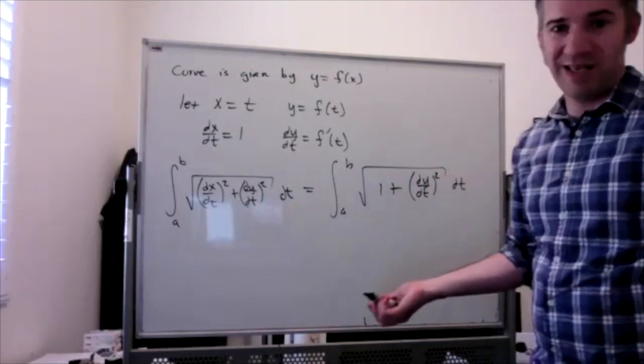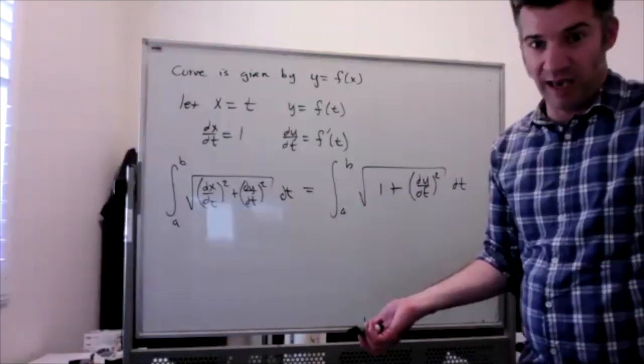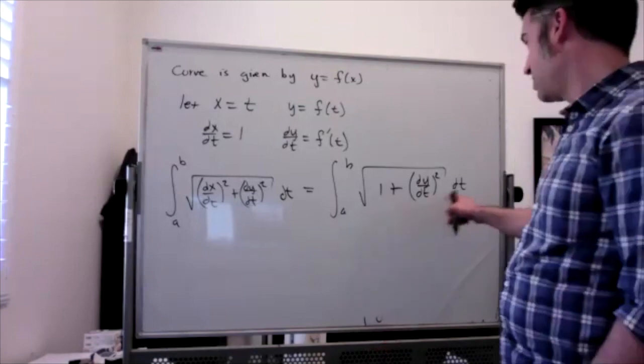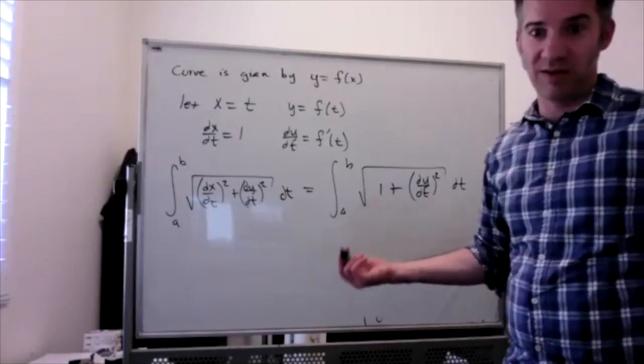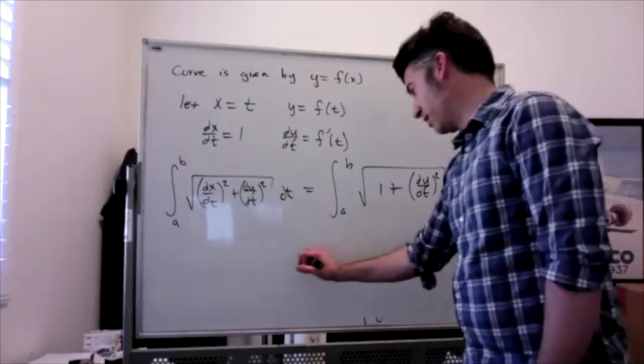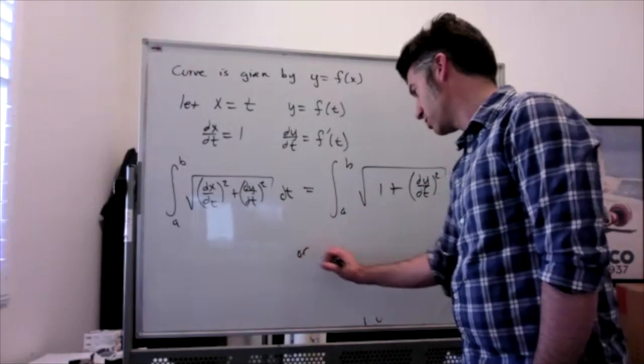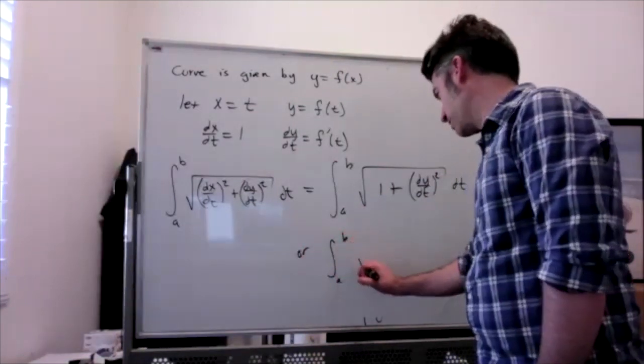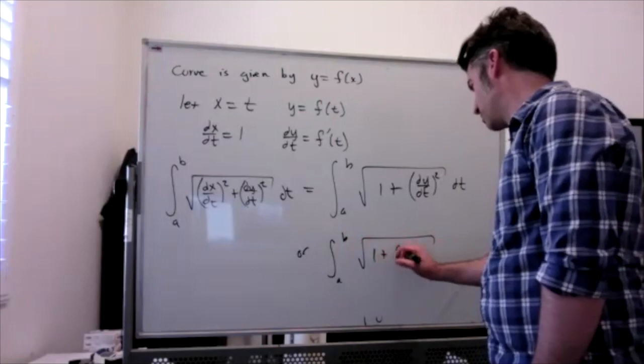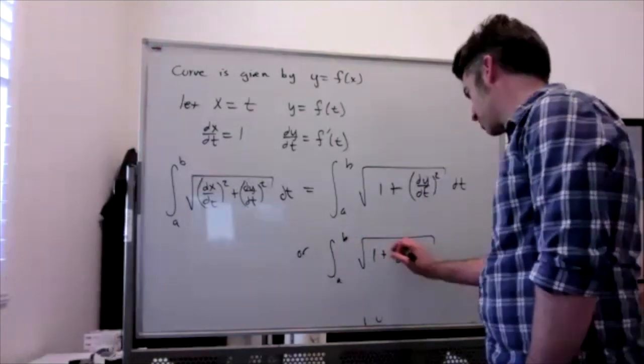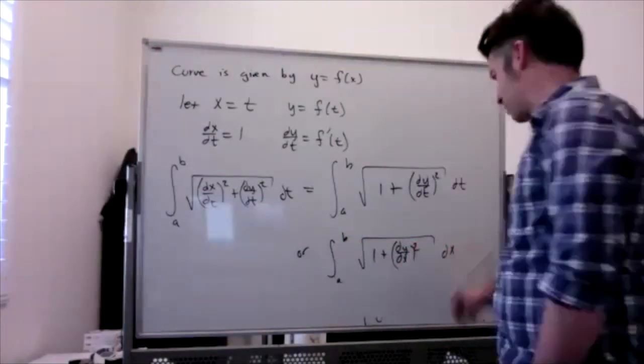But dy/dt is really just the same as dy/dx. It's just a different variable. So instead of using t's here, we typically just rewrite it using x's. So that's really just the integral from a to b of the square root of 1 plus (dy/dx) squared dx.